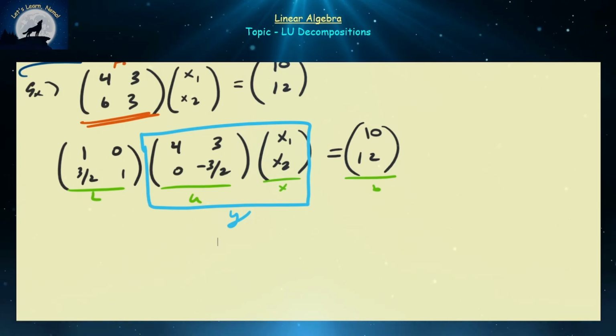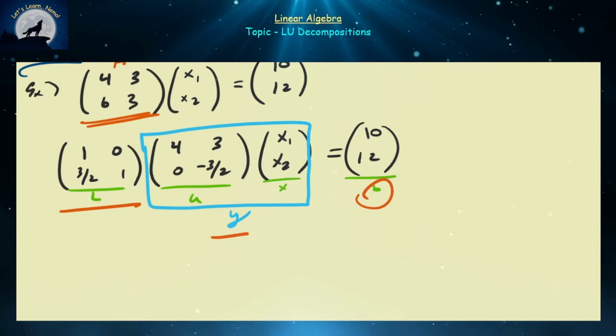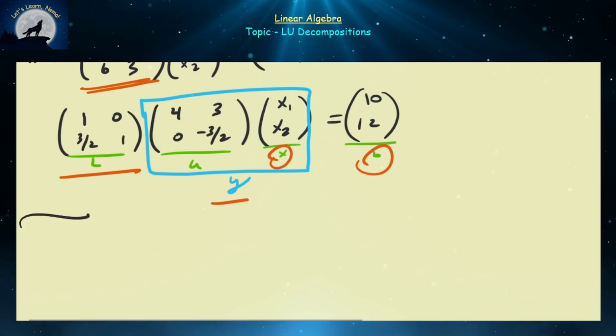We need to solve Ly equals B first, because right now we have L, y is some unknown vector, and then b. So y is an unknown vector, because x is part of y, and x is unknown, so y is unknown too.